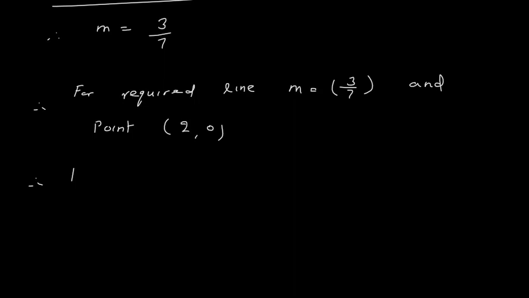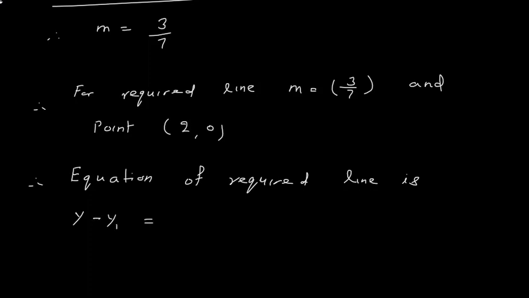So the equation of the required line is y - y1 = m(x - x1).